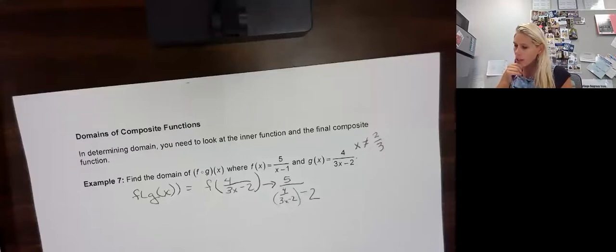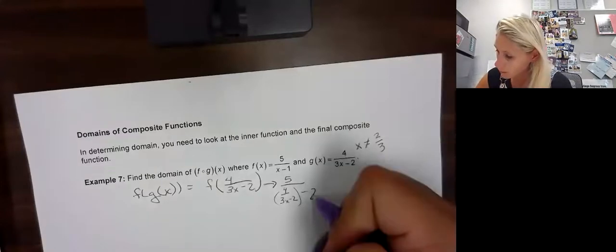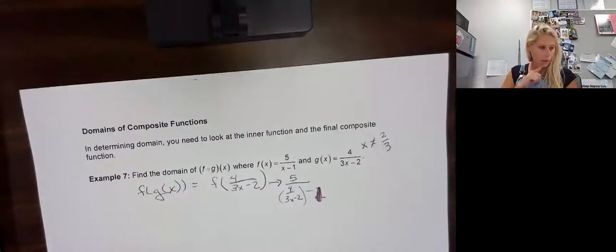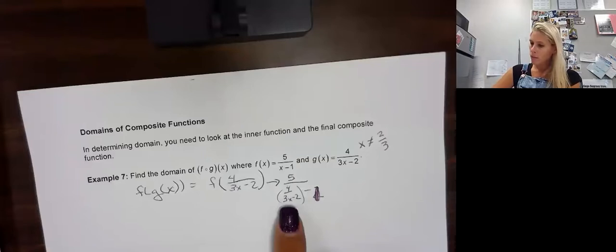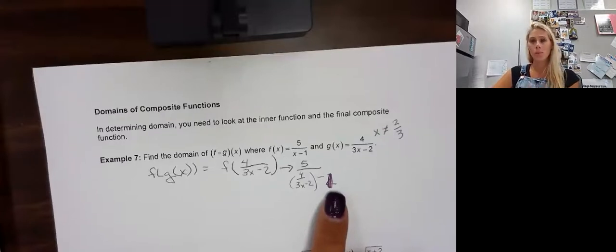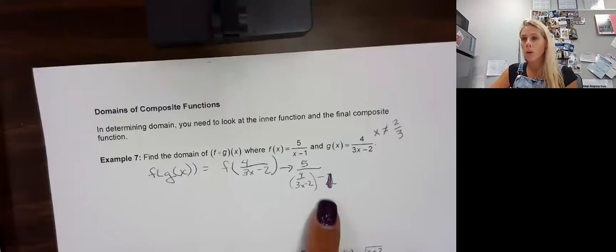The other thing I want you guys to look at is, first of all, I said 2 instead of 1, right? The other thing I want you to look at is that we have this 4 over 3x minus 2 minus 1. Now the idea is it's just saying find the domain, right? So do we have to simplify this all the way?